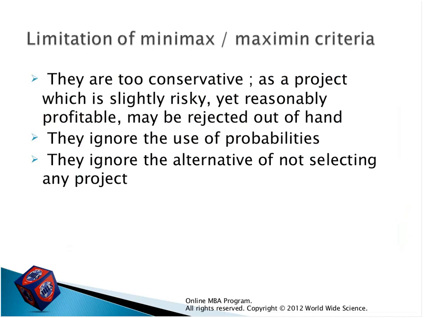What is the limitation of these two criteria, Minimax and Maximin, where we can do just a simple selection of best possible outcomes and worst possible outcomes? They are actually too conservative, as you can see. We are just selecting the figures only. A project which is slightly risky, yet reasonably profitable, may be rejected out of hand.